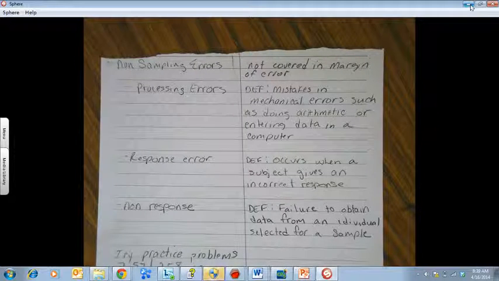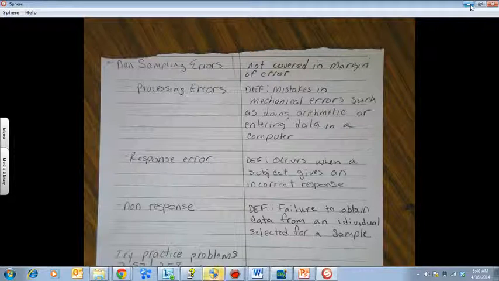It's when somebody's lying about something they do, or if you ask somebody if they smoke or how much they smoke, they may lie about that because that's going to show up somewhere. They don't want people to know they smoke as much. Like if you're on a dating website and they're like, how much do you smoke, or do you smoke at all? A lot of people are going to lie about that, right?